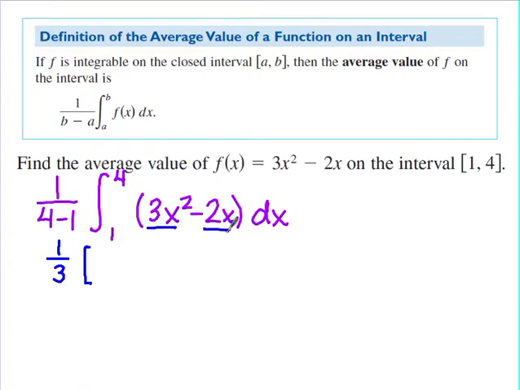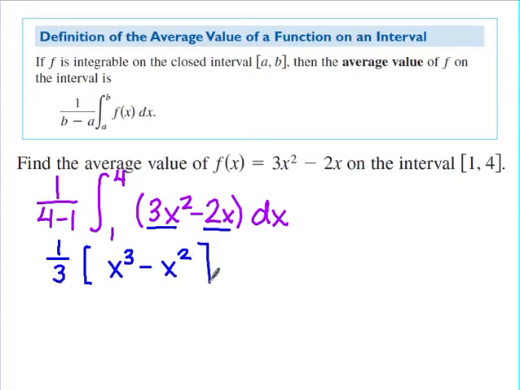What is the integral of 3x squared? X cubed, yep, because it would actually be 3x cubed divided by 3, so the 3's cancel. What's the integral of 2x? X squared, because once again the 2's will cancel.